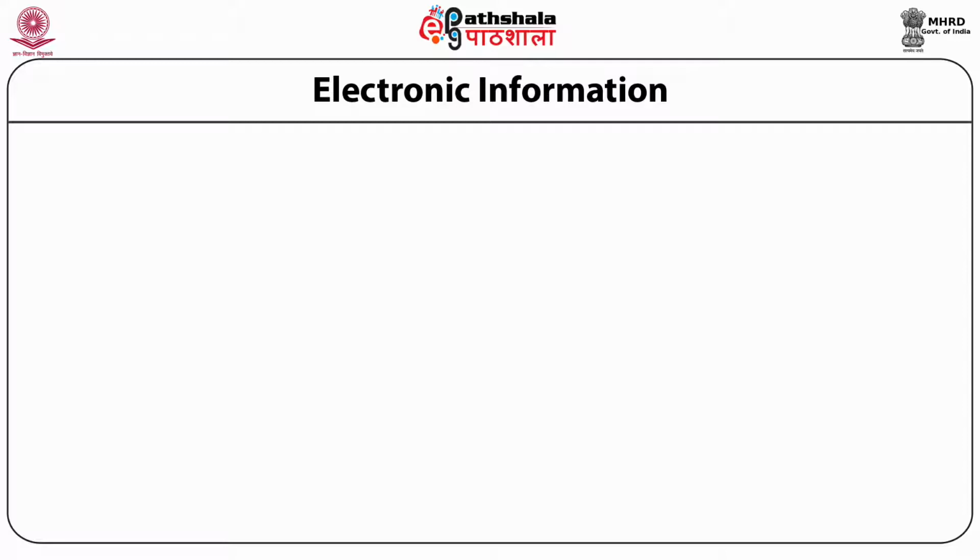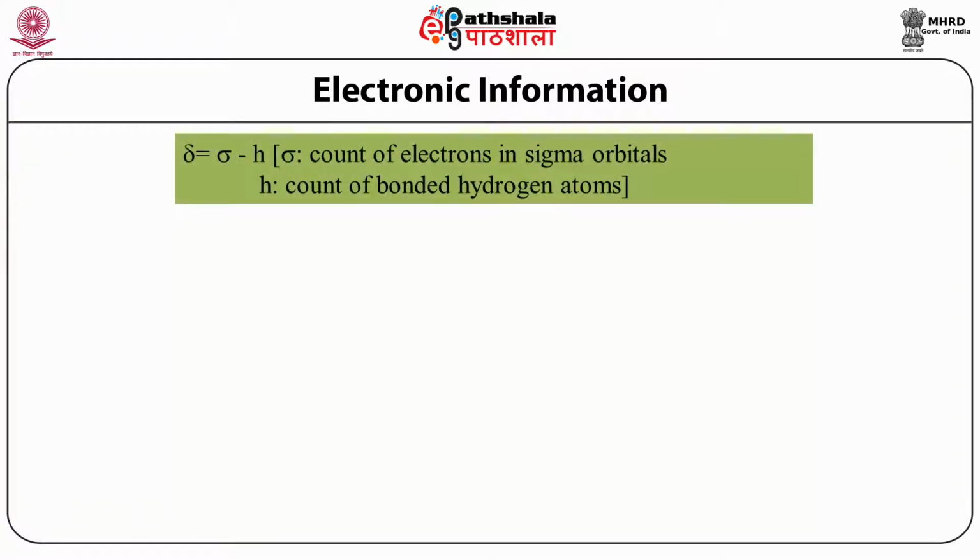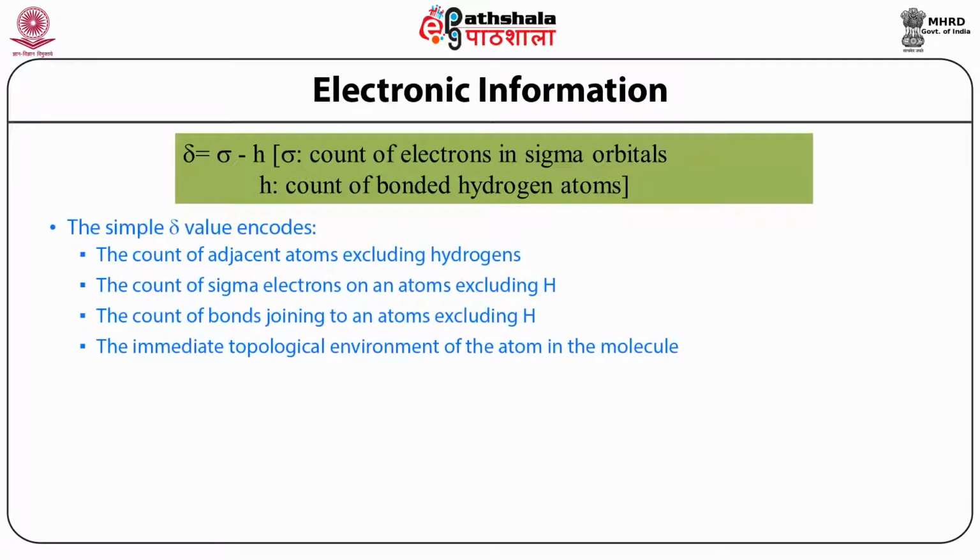Here is the expansion of how to calculate the delta values from sigma minus H. Sigma is the count of electrons in sigma orbitals and H is the count of bonded hydrogen atoms. These are very simple to calculate by having the numbers and graphs in your hand or in your computer.